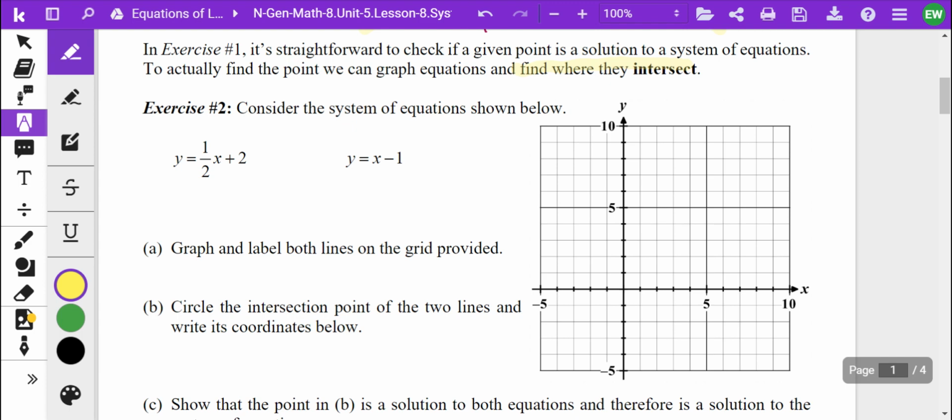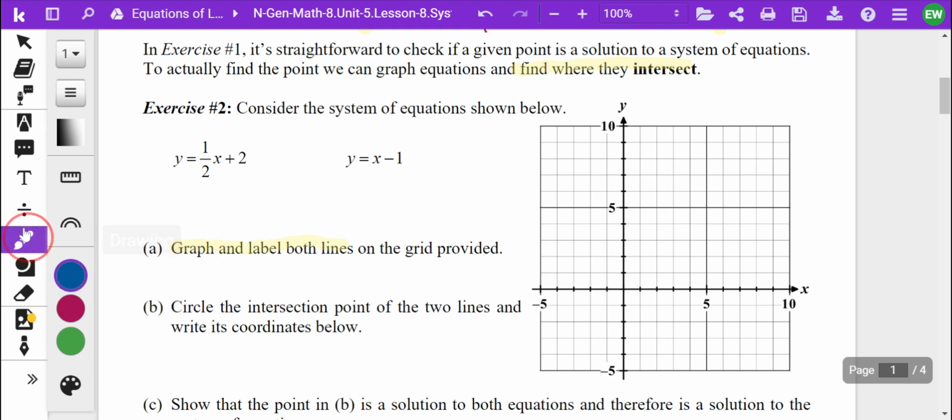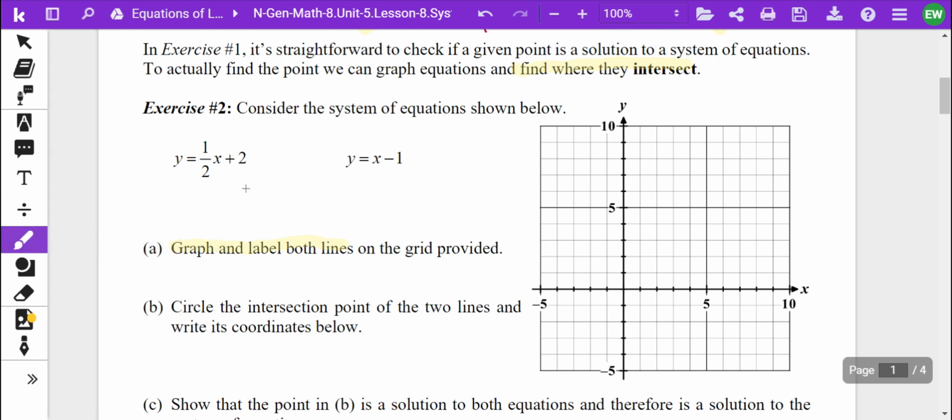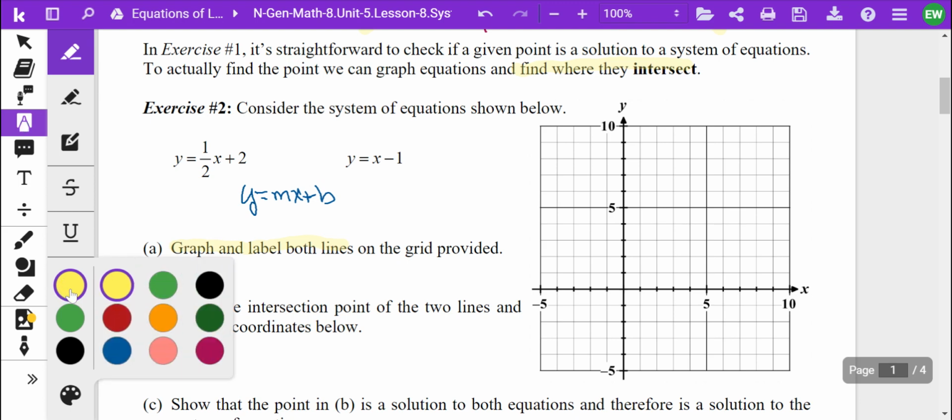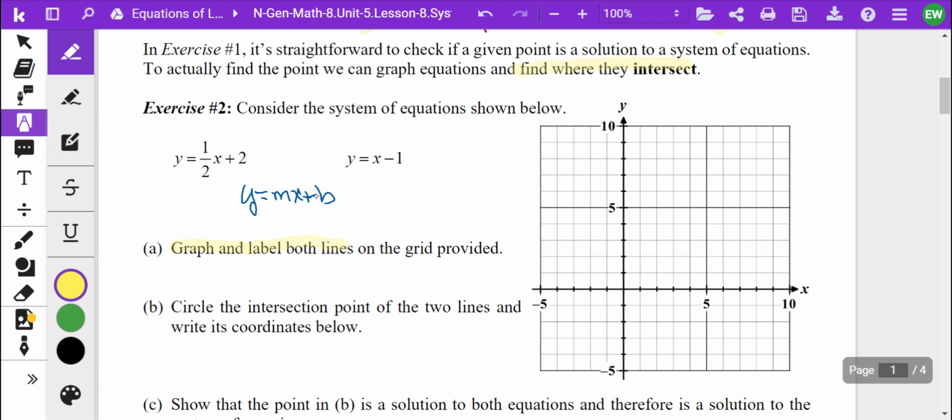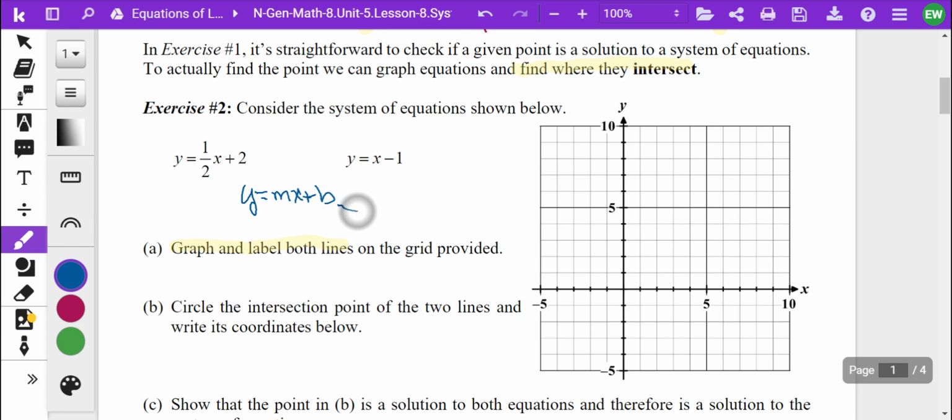The directions say graph and label both lines on the grid. So let's consider y equals mx plus b. The first thing we're going to always do is, if we're given a b, which is our y-intercept, we're going to graph that.